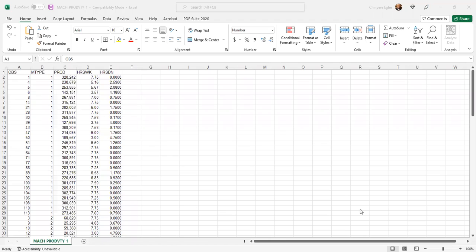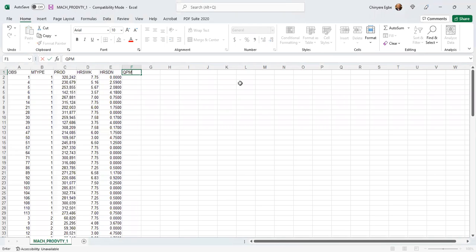Okay, so now the thing that you need to do is to calculate for yourself the average production of the machine per minute. So I'm going to call this QPM, the quantity per minute, or you can even say PPM because it says parts per minute. And so this is machine 1. You see machine 1 here?